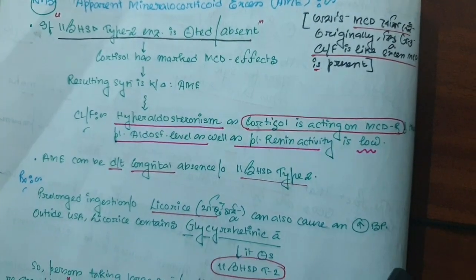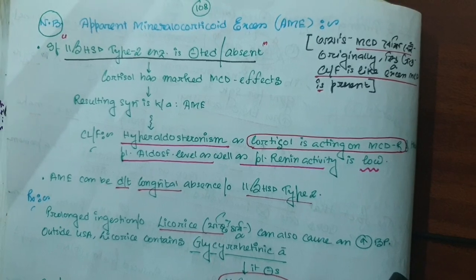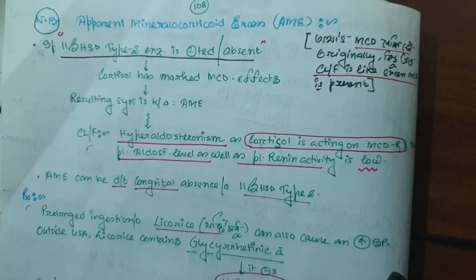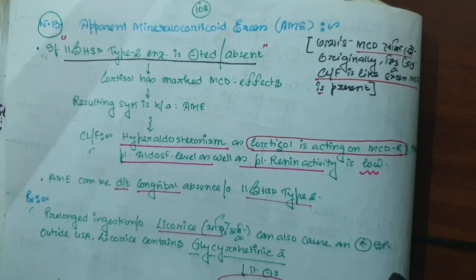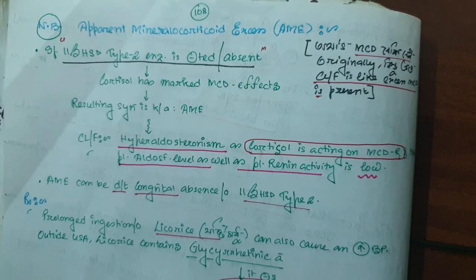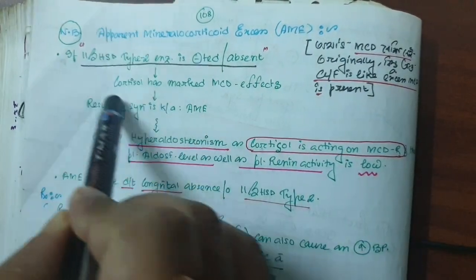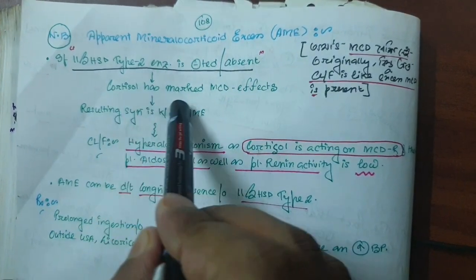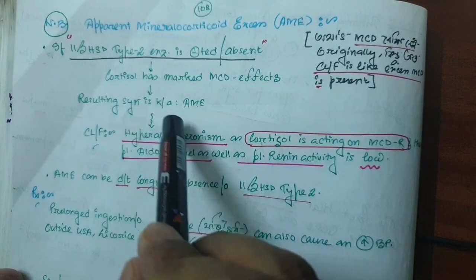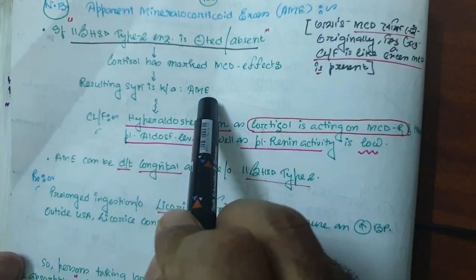Easily you can now guess that cortisol will never be converted to cortisone, and as the previous page told you, cortisol is converted with the help of this enzyme to cortisone, and it never binds to the mineralocorticoid receptors. So in the absence of this enzyme, cortisol has much more mineralocorticoid effect, and the resulting syndrome is known as apparent mineralocorticoid excess, or AME.